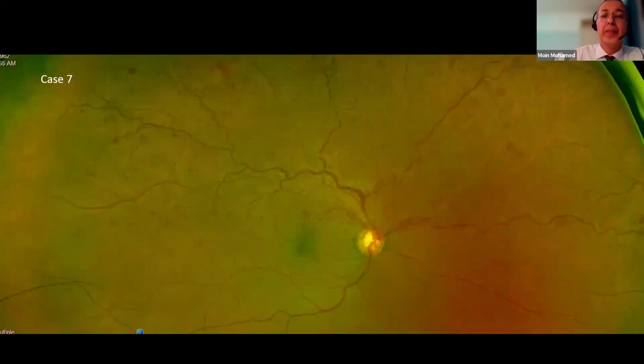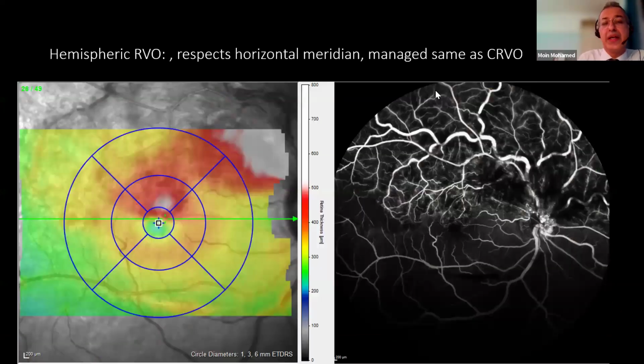And then other variants are hemiretinal vein occlusions, which are relatively uncommon because that just depends on the variation in the retinal vascular supply. And again, it will just respect the horizontal meridian.